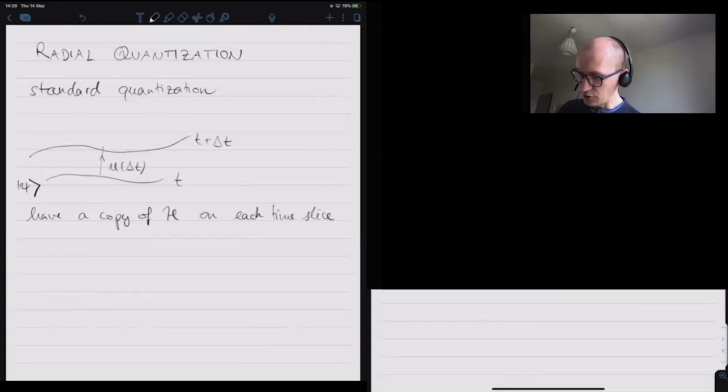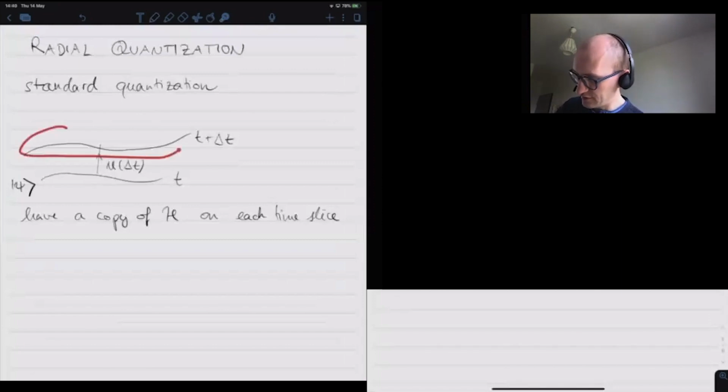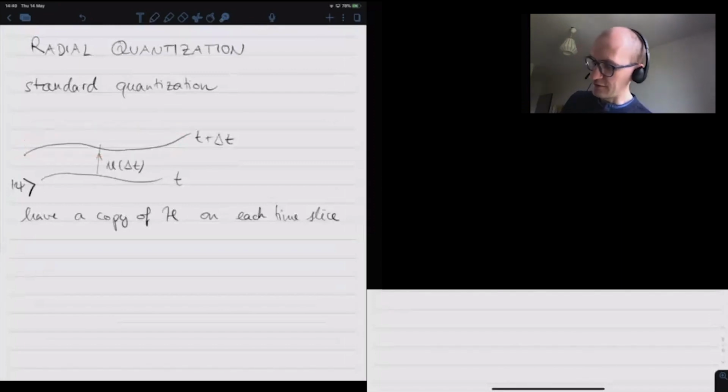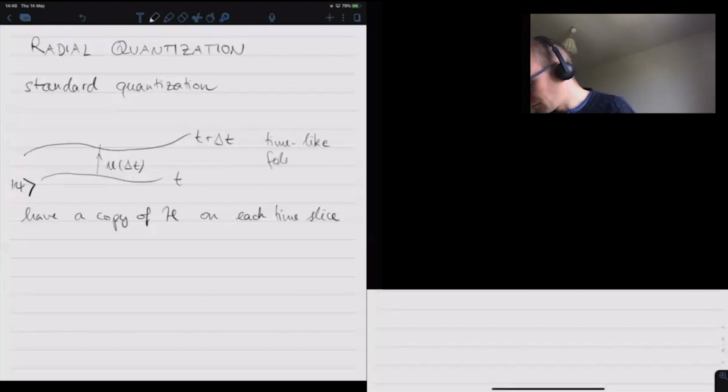And you also have a copy of the Hilbert space, of course, on this time slice. And the unitary time evolution operator is just a map in the Hilbert space that maps psi to its time-evolved version psi of t. And this corresponds to a time-like foliation of your space-time.